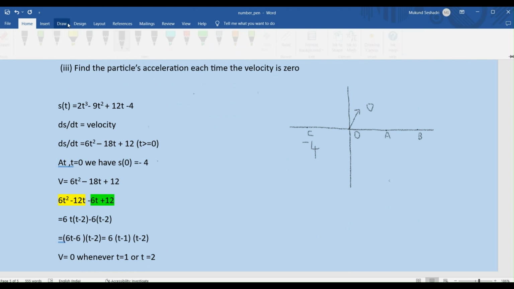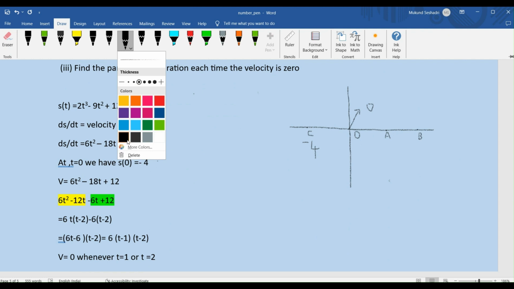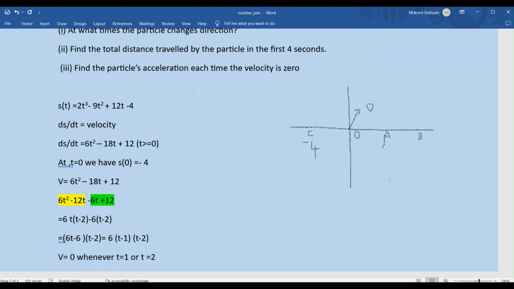Now, let me go to the drawing board again to help us understand this better. I've got 2 points here, which I marked earlier as A and B, right? So let's call this the point when t equals 1, and let me call point B as the point when t equals 2, right?